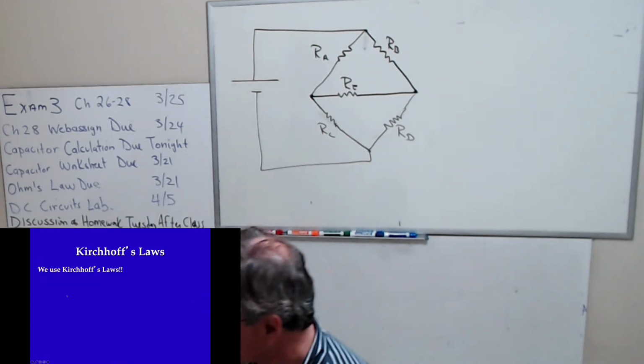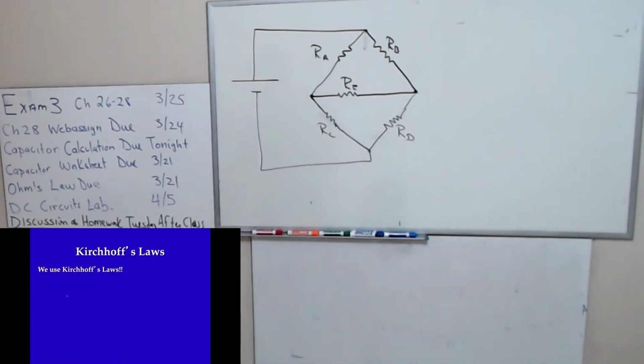To solve this, we have to use Kirchhoff's laws. The loop rule: the sum of the voltage drops in a loop equals 0. There are a lot of loops in that picture. There are at least 4 loops, maybe just 4.